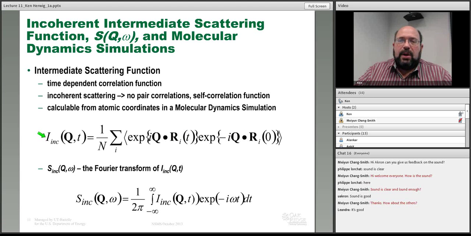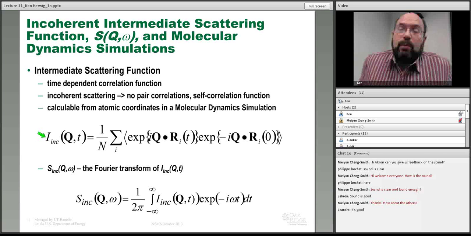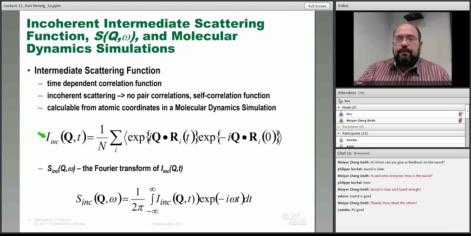And again, we often take a powder average, and so we average over all directions in our sample when we calculate our signal. So it's a very simple function. The only thing you need to calculate it are the trajectories of your atoms, and that's exactly what a molecular dynamics simulation will calculate. So you take the atomic trajectories, you weight the scattering strength by the cross-section of the atom, and sum over all the atoms in your system, and you have the intermediate scattering function.